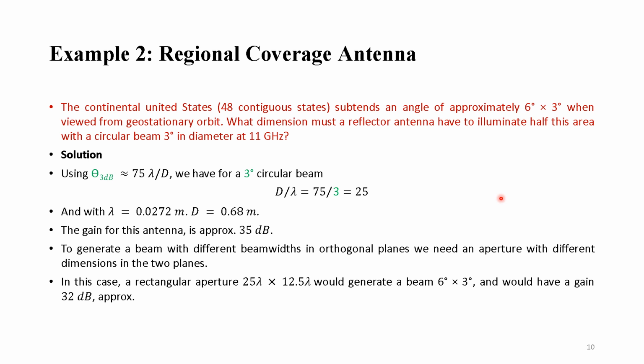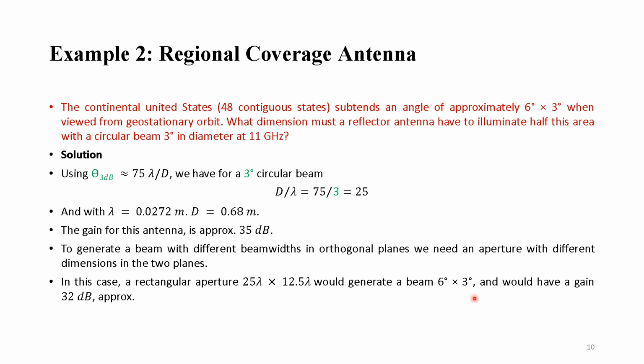So a rectangular aperture of 25 lambda by 12.5 lambda. 25 lambda is what we got from here. 12.5 lambda is half of that, because we designed for 3 degrees, and now we just need half the coverage.